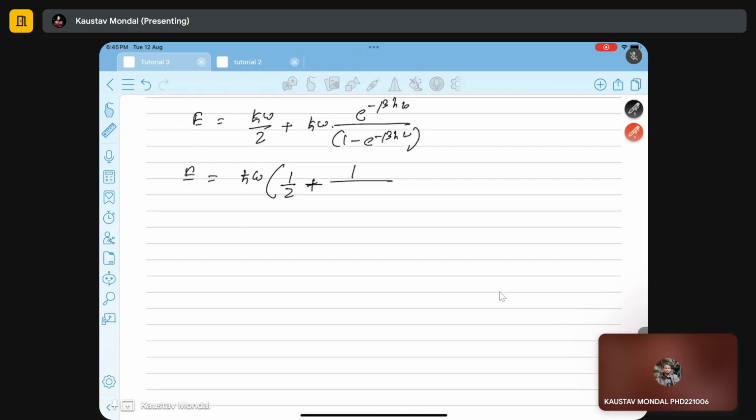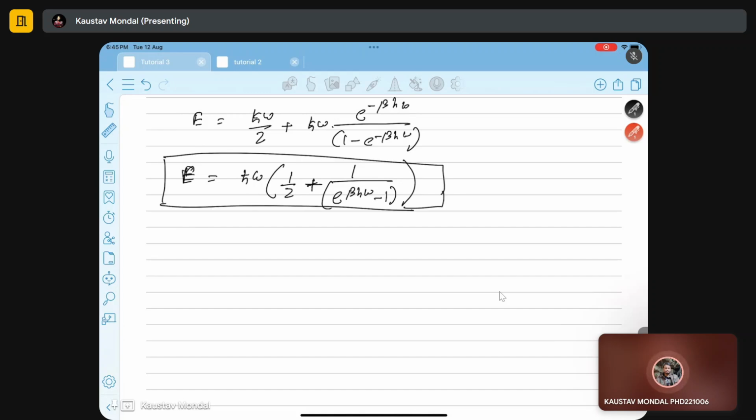Now it's perfect. Now if you multiply e to the power minus beta h cut omega in both the numerator and denominator of the second term, then you will get e to the power beta h cut omega minus 1. Okay, so this is the expression of the energy.